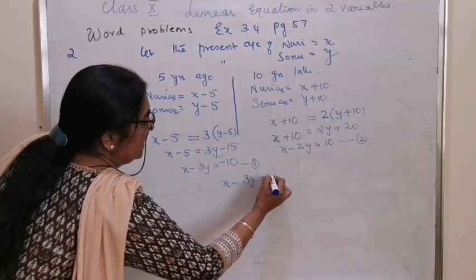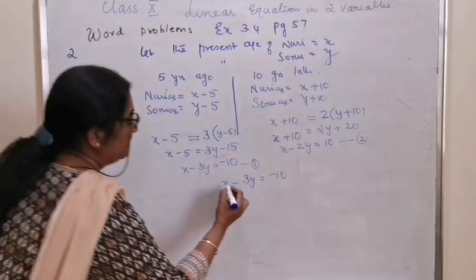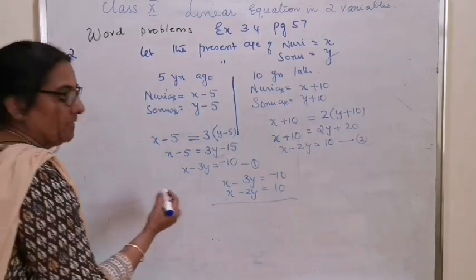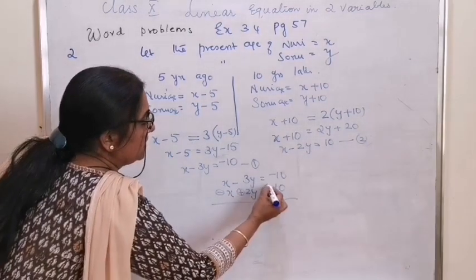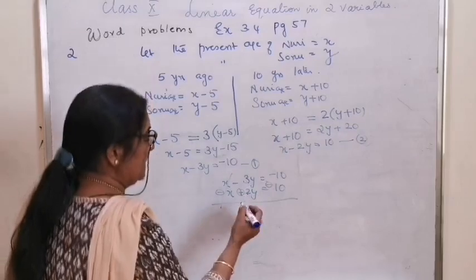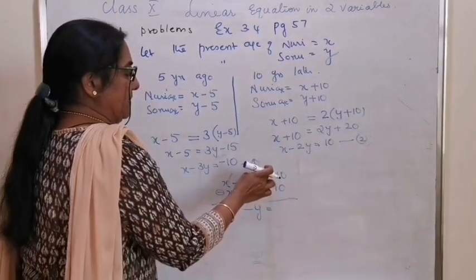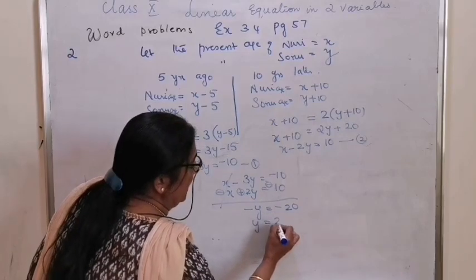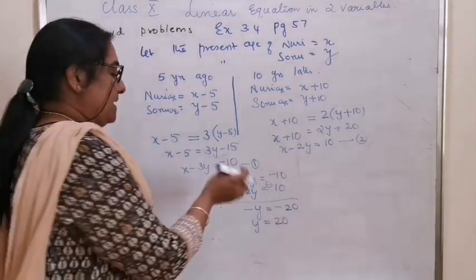Solving the equations. X minus 3y is equal to minus 10. X minus 2y is equal to 10. If you change the signs, minus 3y plus 2y is minus y. Minus 10 minus 10 is minus 20. Y value is 20.